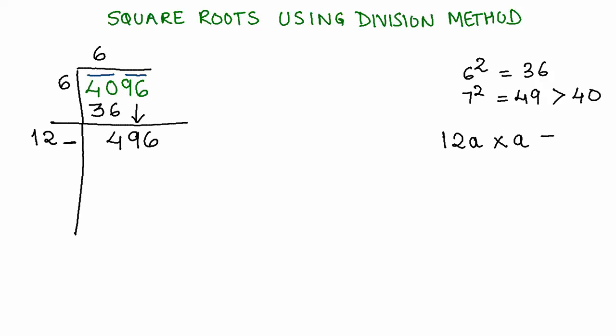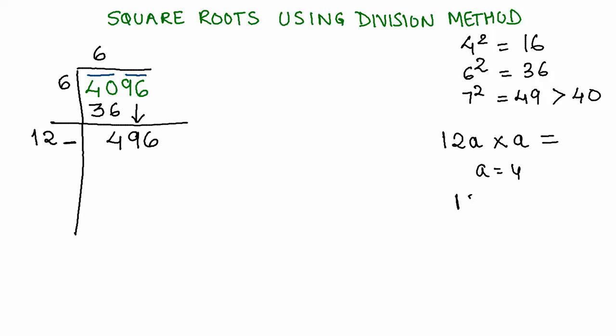And if you remember, the secret tip that I gave you is to try out the numbers whose square ends in 6. Which numbers have squares ending in 6? 6 squared is 36, 4 squared is 16. So we can try a equals 4. So this blank is actually a equals 4.